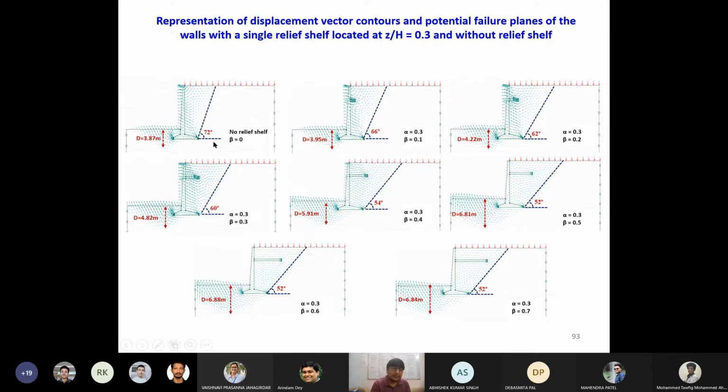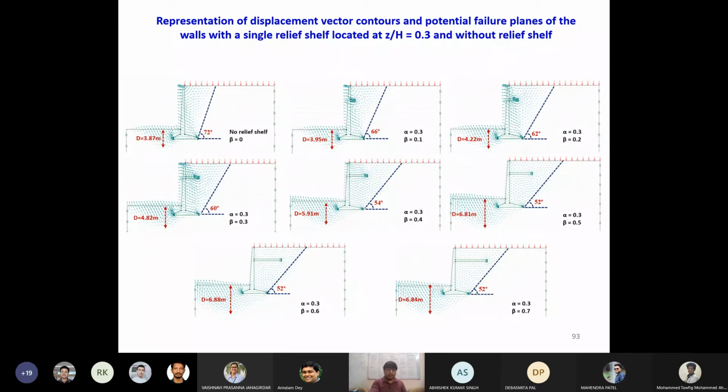Another important thing is that due to this kind of wall movement, from the vector movement of the soil surrounding this wall, there is an influence up to a depth of 3.87 without the relief shelf. But with the relief shelf, the soil movement was noted down to 6.81 meters. This is happening because the wall is taking a higher amount of load, due to which we can notice this soil movement up to a higher depth.